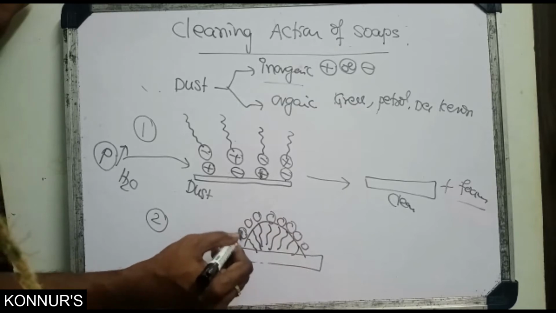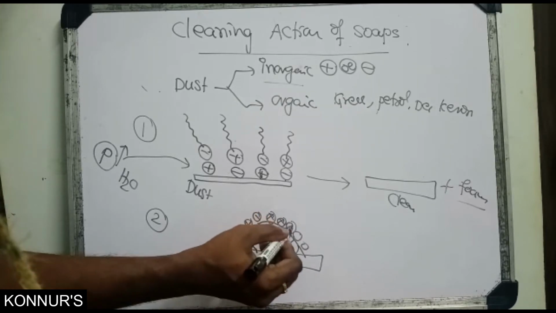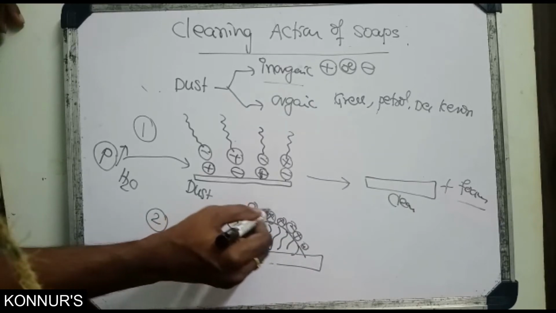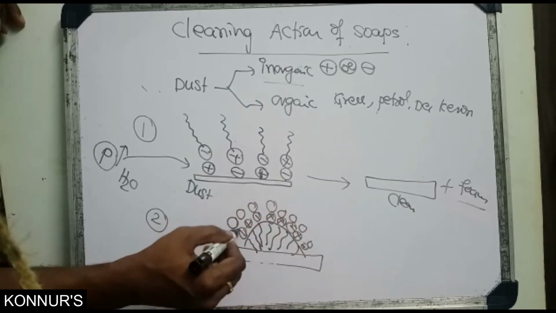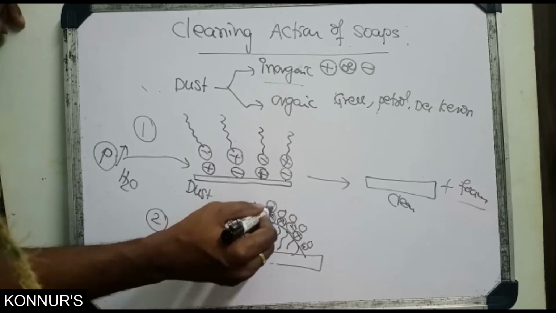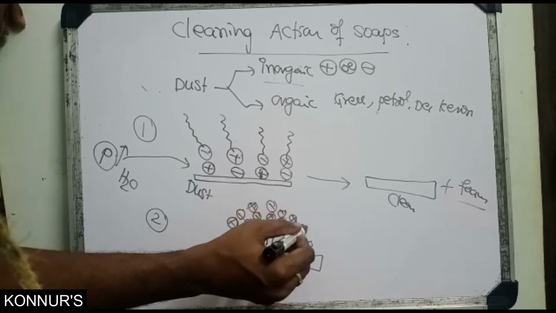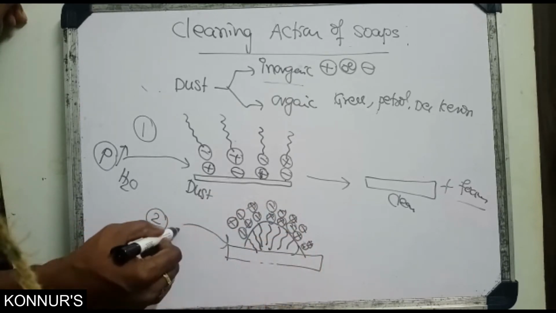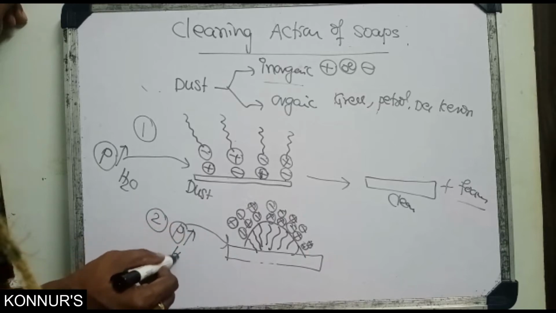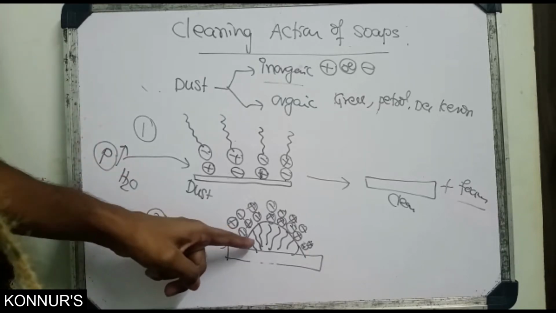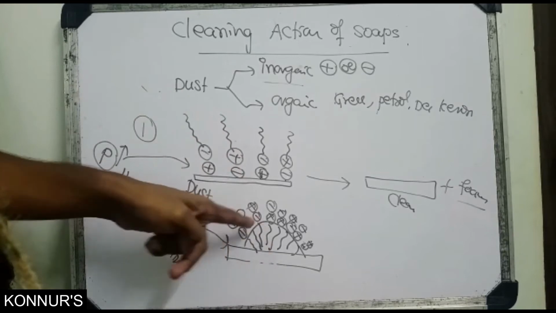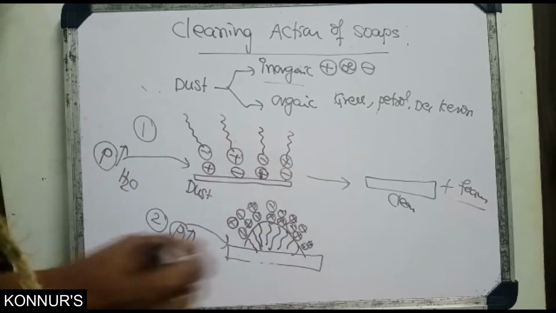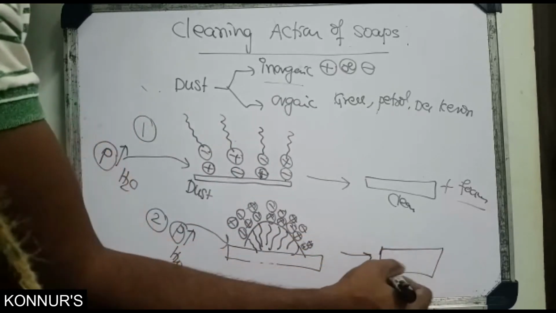All go inside, minus, plus, whatever it may be, and that is neutralized by the other charges: minus, plus, minus, plus. Next, you apply high pressure water. These hydrocarbon chains enter into the grease and are removed with high pressure water. Everything is removed and you will get a clean cloth.